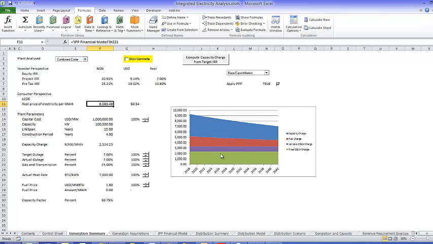We show the various components of the cost, and what we have done is say, okay, if you want a real IRR, not a nominal IRR, a real after-tax IRR of 7%, then we put this in.